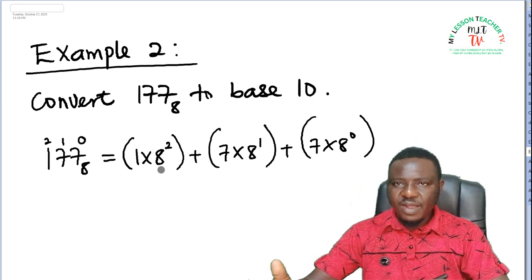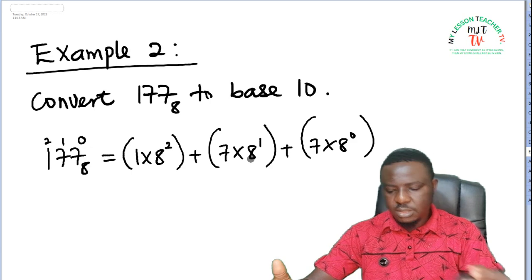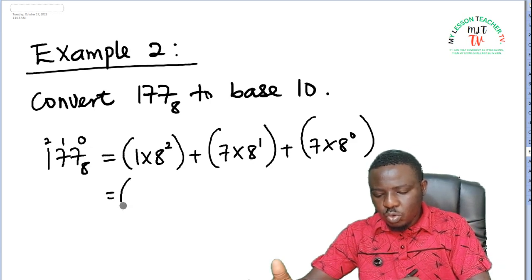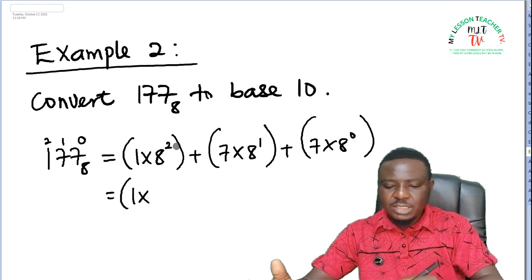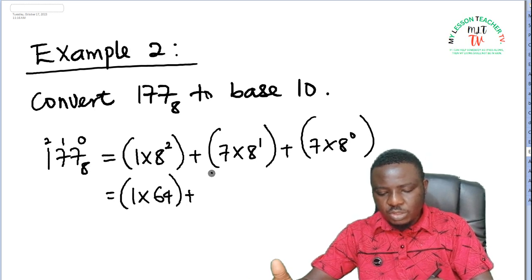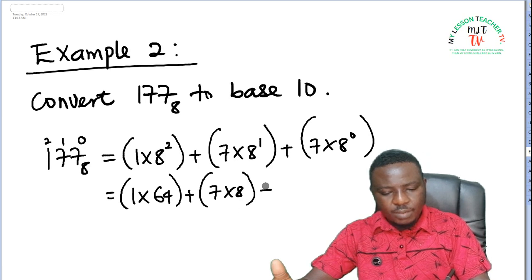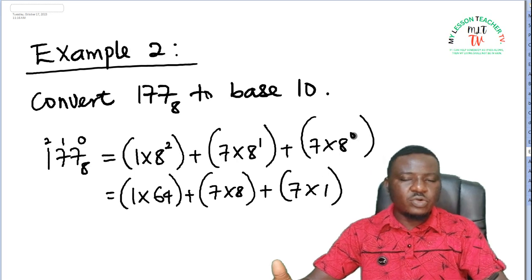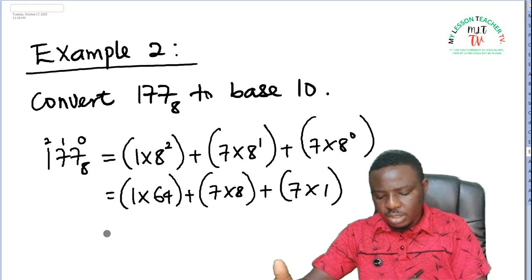Thereafter, you simplify what you have in each of the brackets. This is equal to 1 times 8 squared is 64 plus 7 times 8 plus 7 times 1. For 8 raised to the power of 0 is 1.